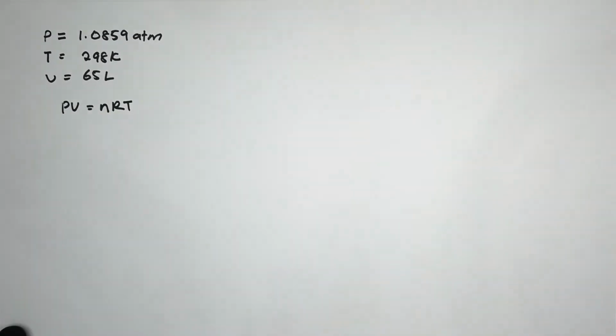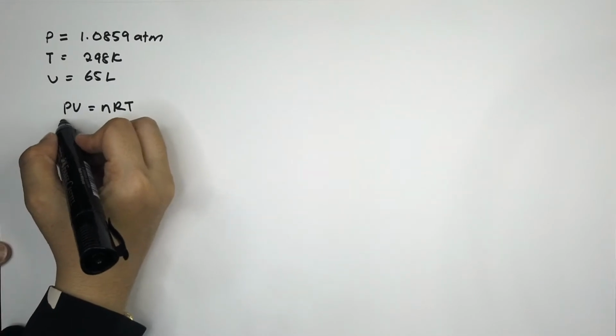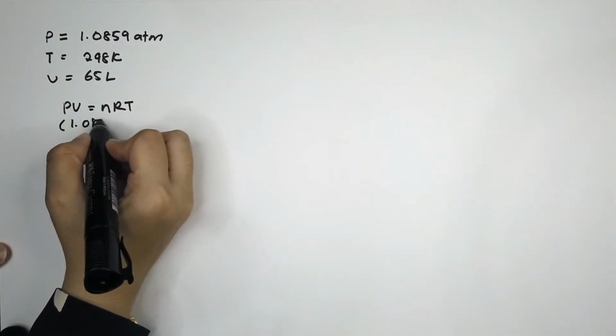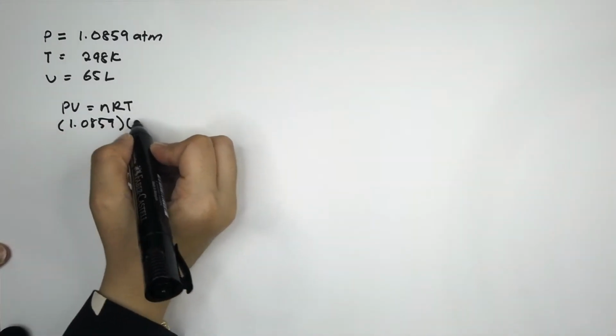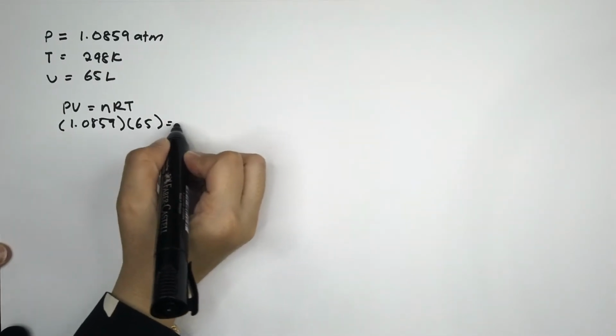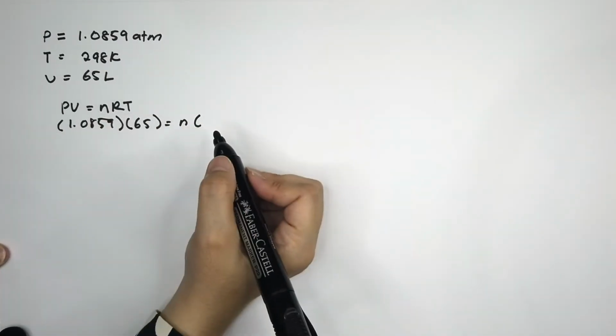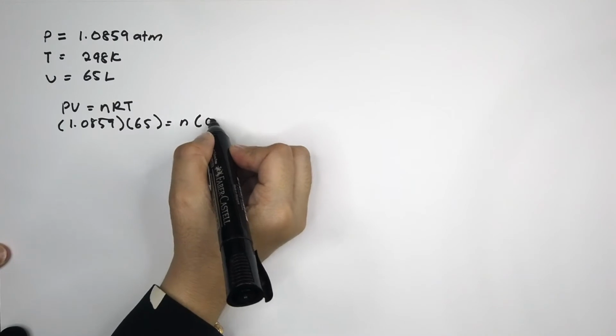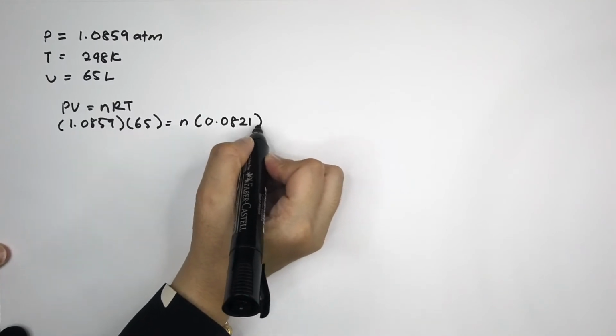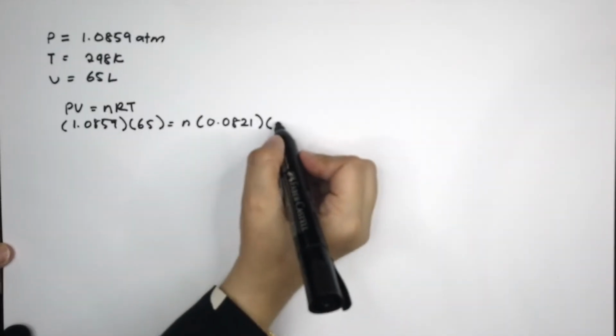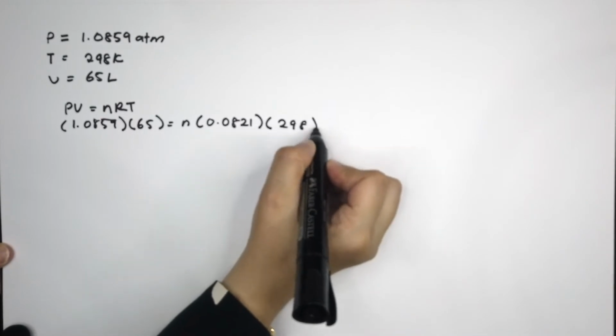Since we already converted all of this into the correct units, we just need to plug in all these values so that we can get the value of n. Your P is 1.0859, your V is 65, equivalent to n. R is the constant value 0.0821, and your T is 298 Kelvin.